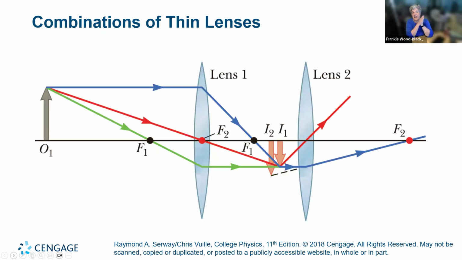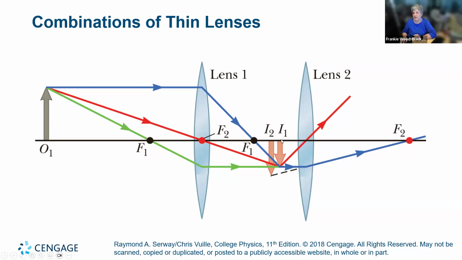Now, when I have a combination of lenses, you take them one step at a time. So I will do lens 1 first. I draw my ray diagram and it gives me my image. This image now becomes the object for the second lens.